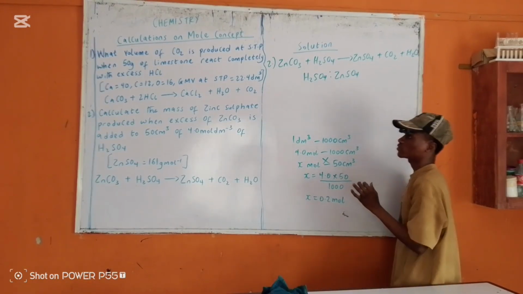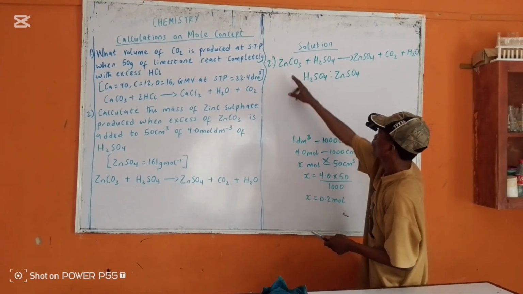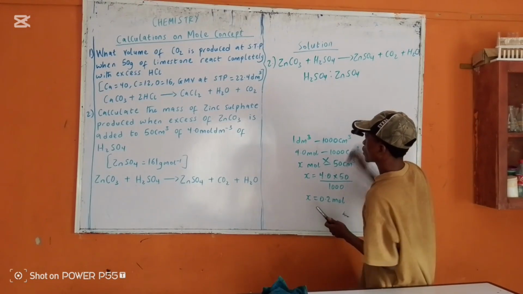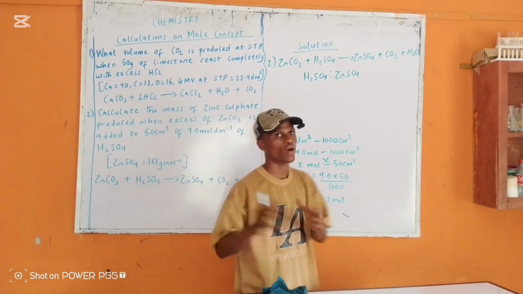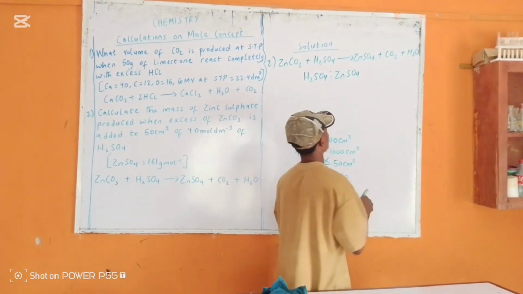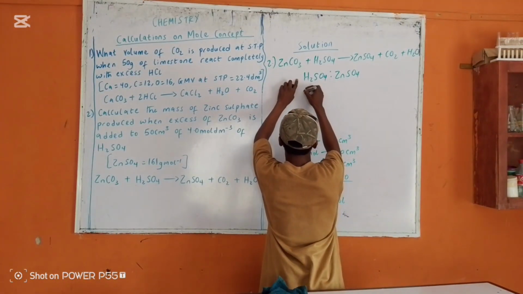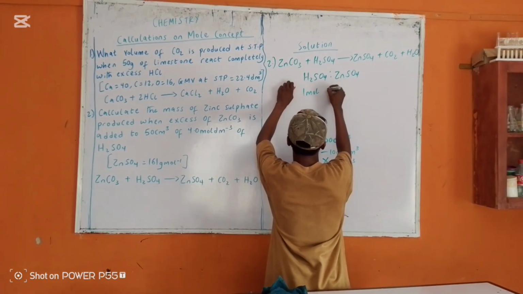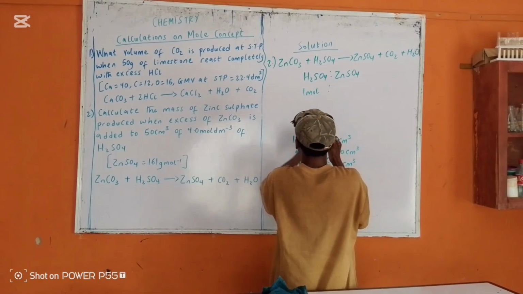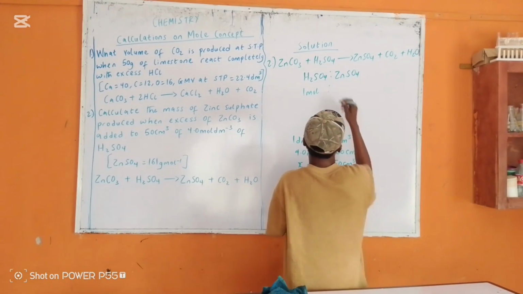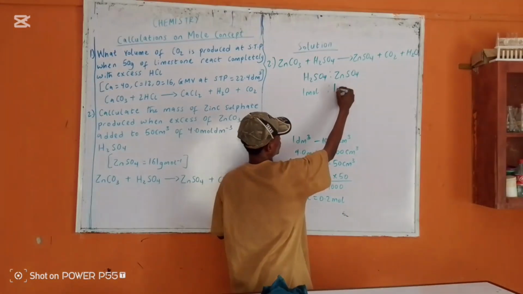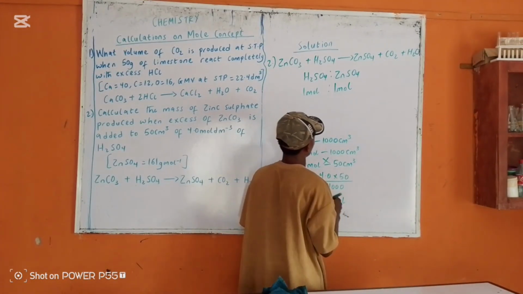Now, from the equation that we are going to make use of to solve our question, we have 1 mole of H2SO4 producing 1 mole of zinc sulfate.